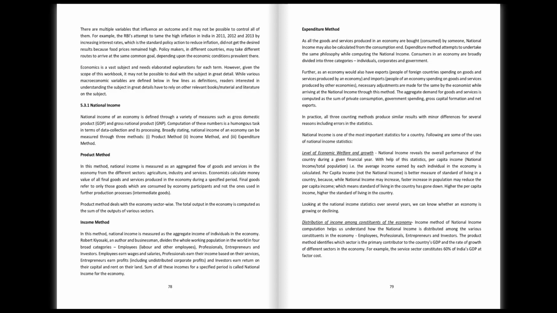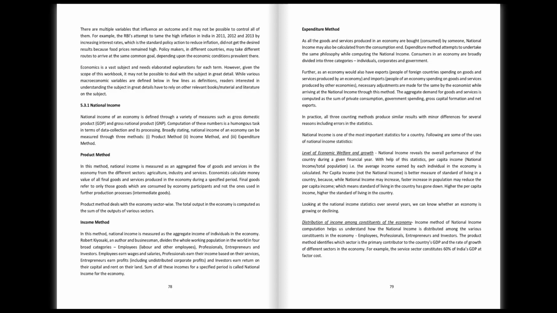Expenditure method. As all the goods and services produced in an economy are bought and consumed by someone, national income may also be calculated from the consumption end. Expenditure method attempts to undertake the same philosophy while computing the national income. Consumers in an economy are broadly divided into three categories: individuals, corporates, and government.